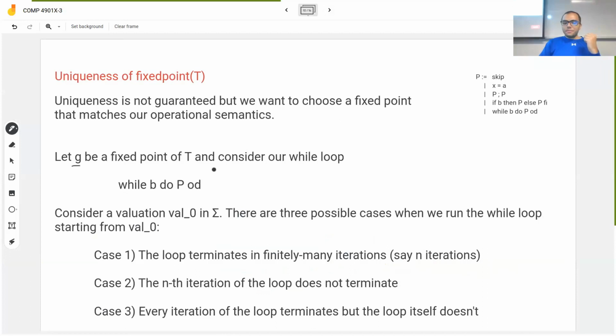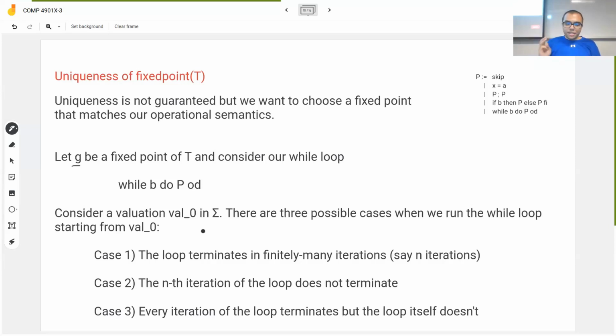Let g be any fixed point of t, okay? Now, also consider some valuation, some initial state val 0, which is the valuation before I started my while loop, okay? Now, I'm going to consider several different cases based on what happens if I start my while loop at this valuation val 0.